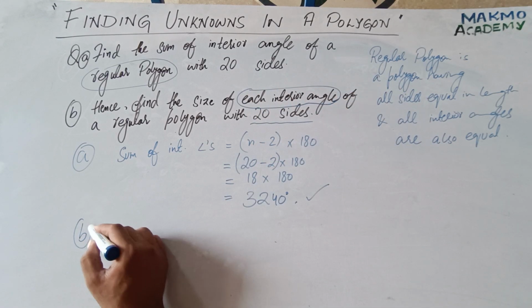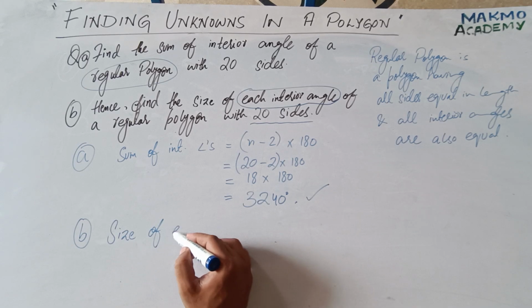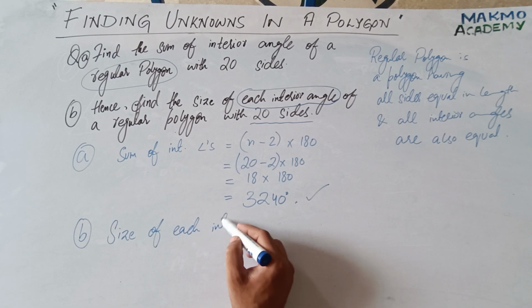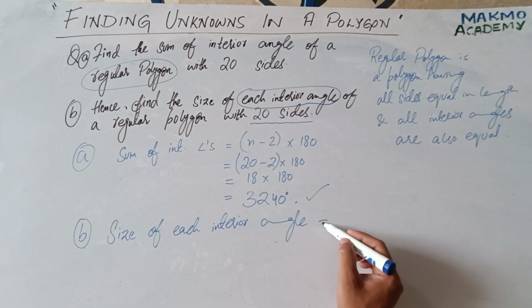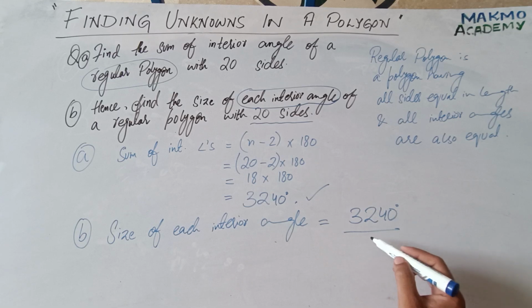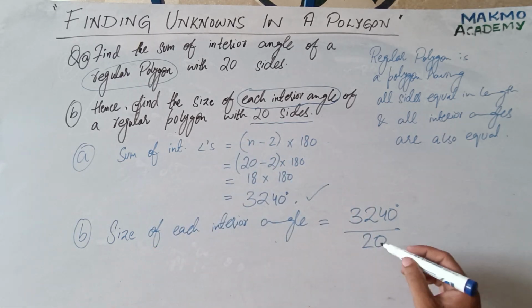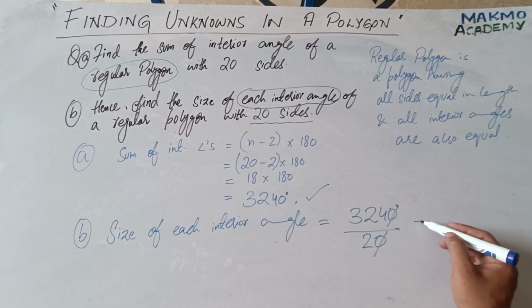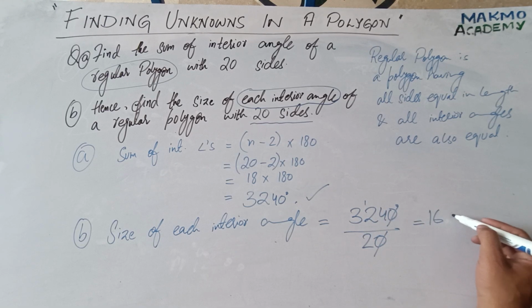So what will we do? To find the size of each interior angle, we divide the sum of interior angles by the number of sides, because it has 20 sides and all sides are equal in length. So the 0 cancels out with the 0. 2 1s are 2, 2 6s are 12, carry 1, and 2 2s are 4.